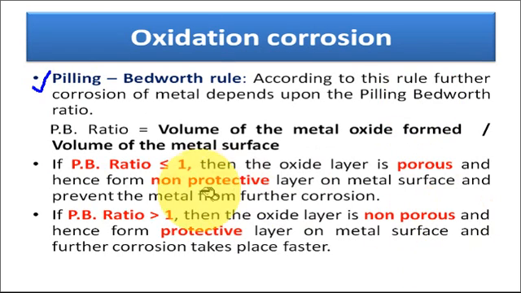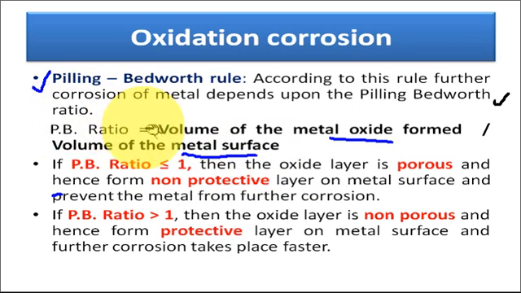According to this rule, further corrosion of metal depends upon the Pilling-Bedworth ratio. Now, what is the Pilling-Bedworth ratio? It is the ratio of the volume of the metal oxide formed to the volume of the metal.